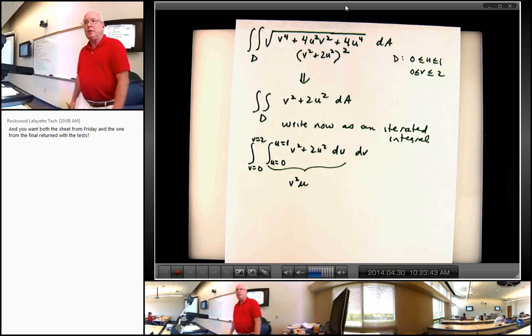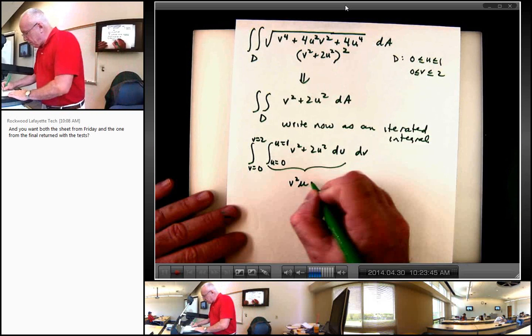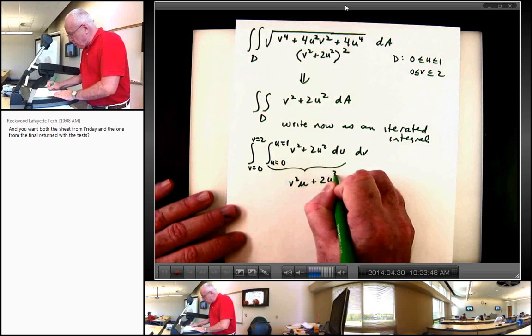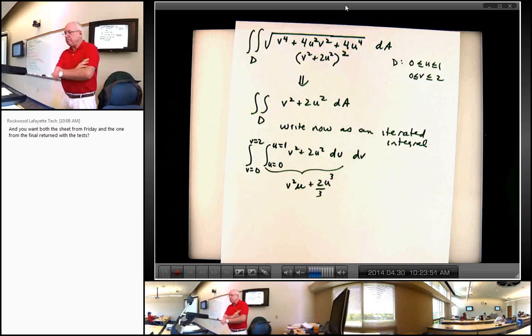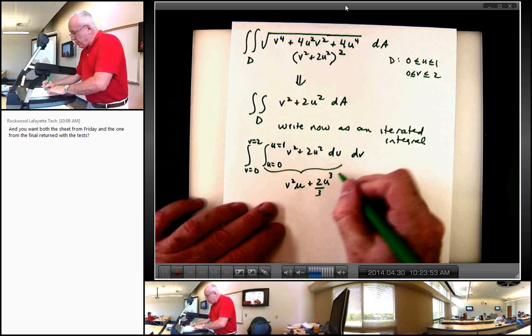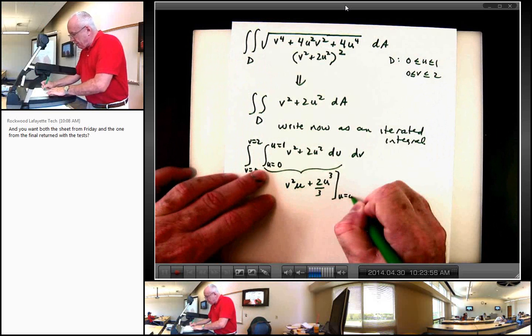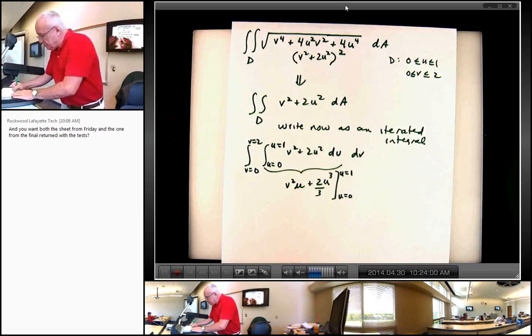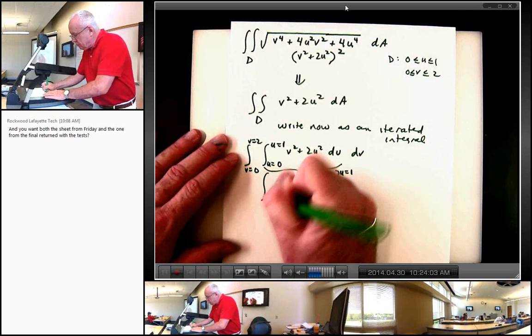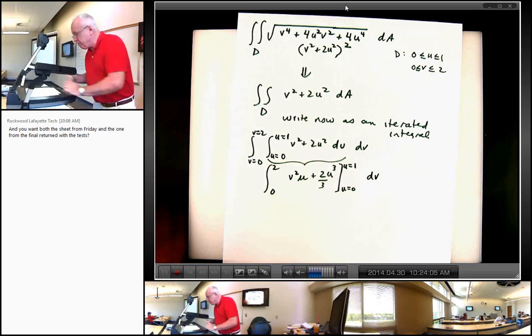And the antiderivative of 2u squared is going to be 2u to the third over 3, so 2/3 u to the third power. And let's put our bracket, and we're going to evaluate that from u equals 0 to u equals 1. And then let's put our outside integral 0 to 2 dv.